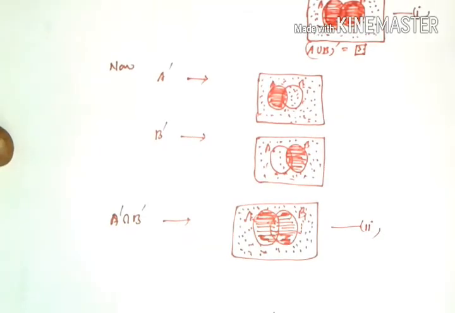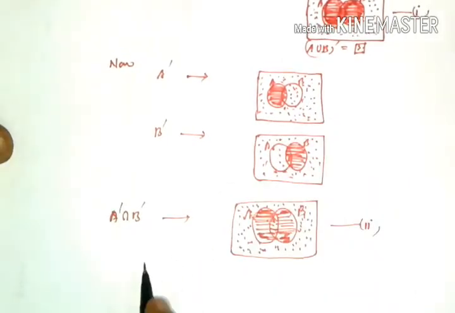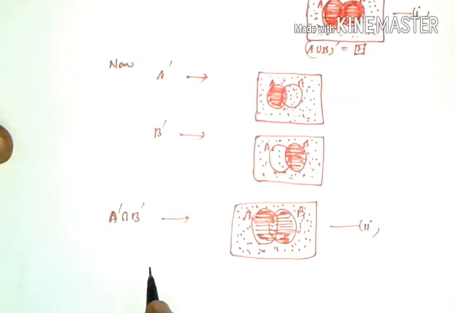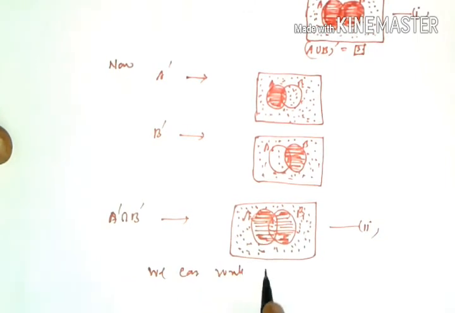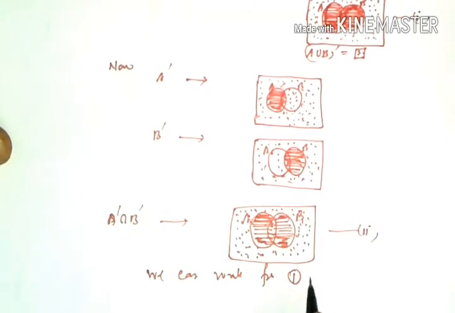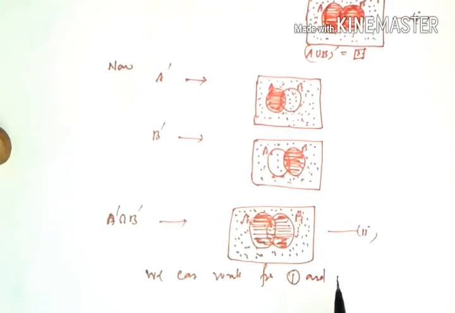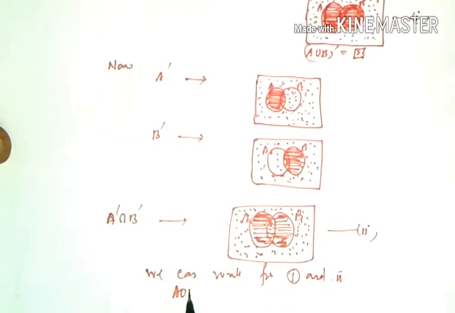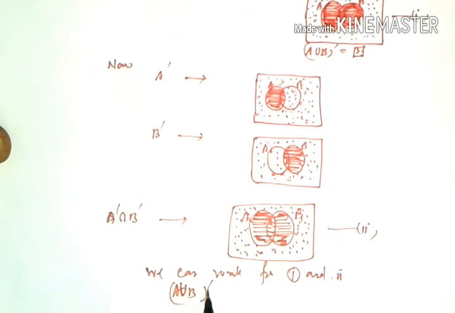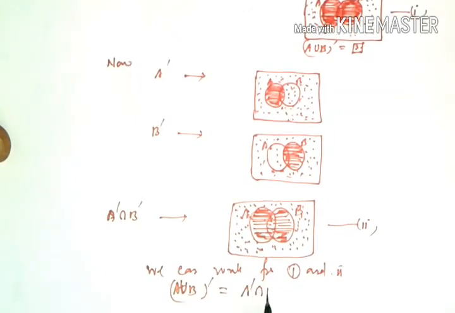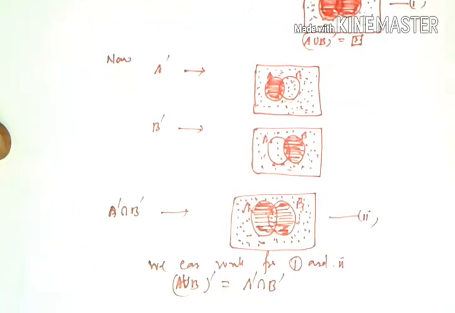Do you see that diagram 1 and 2 are same? So we can write, from 1 and 2, (A union B) dash is equal to A dash intersection B dash.